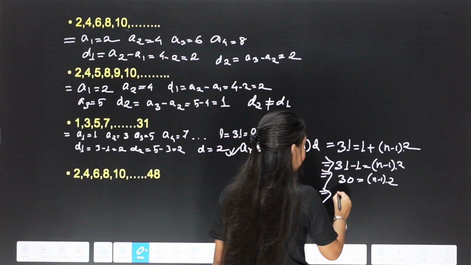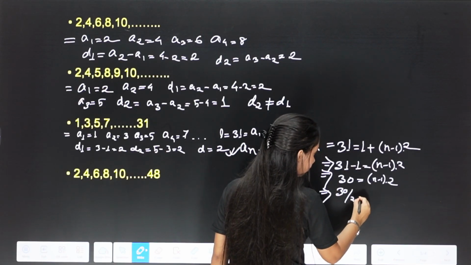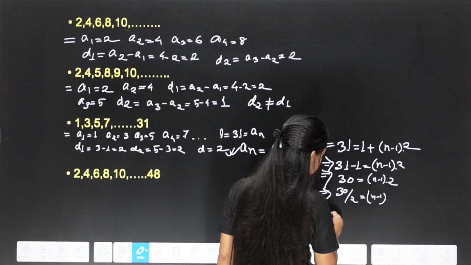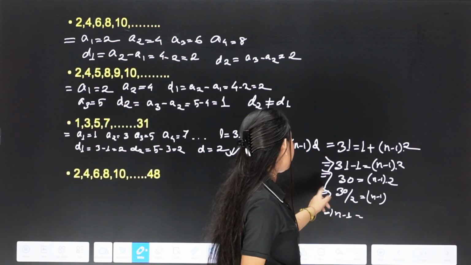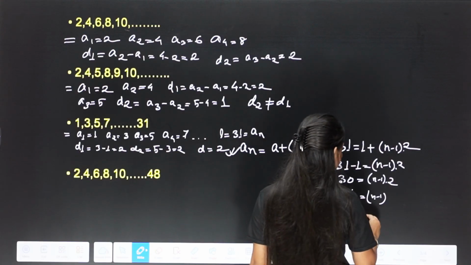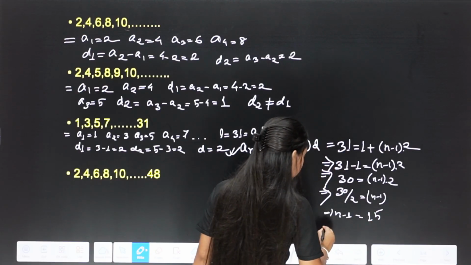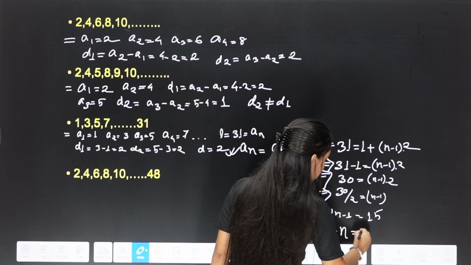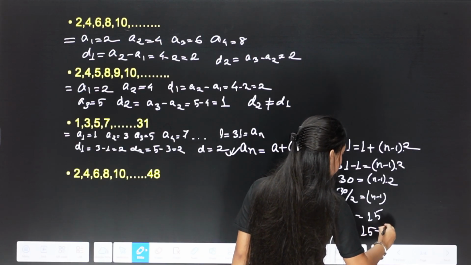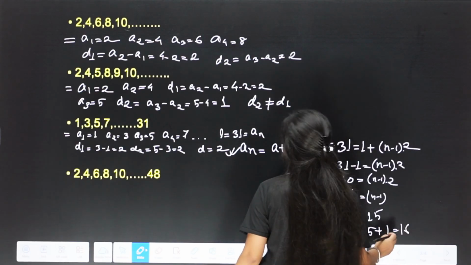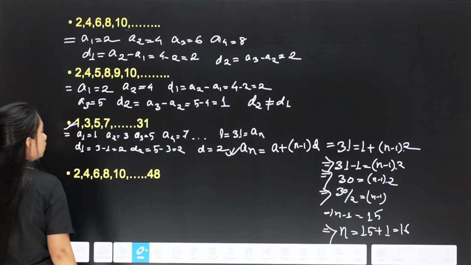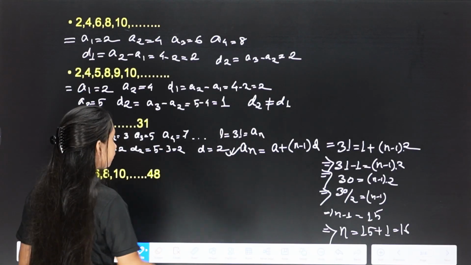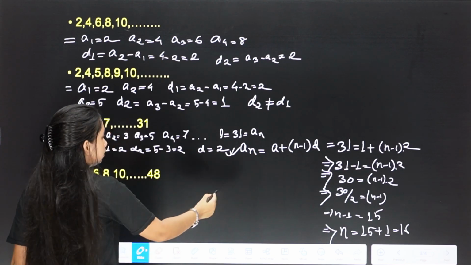We will divide 30 by 2, then n minus 1 is equal to 15. Then n is equal to 15 plus 1, that is 16. So there are 16 terms present in this sequence. We can find the value of n by using this formula.